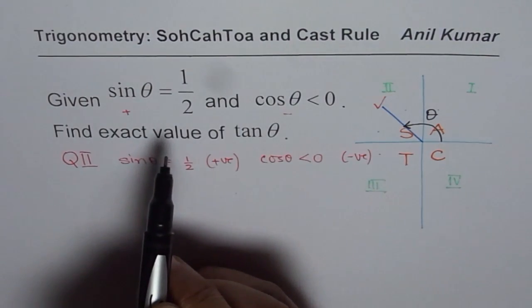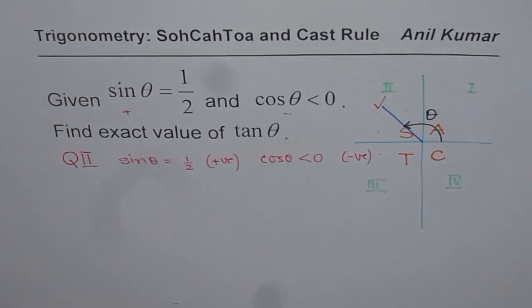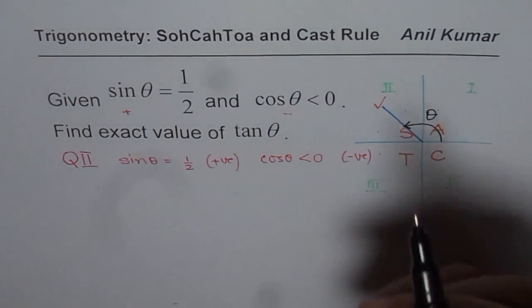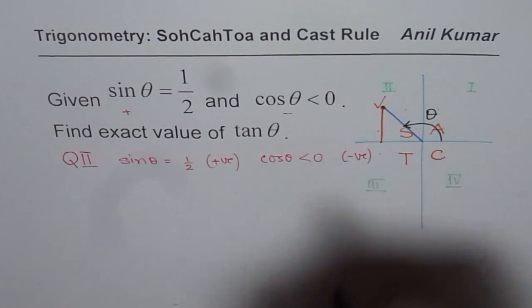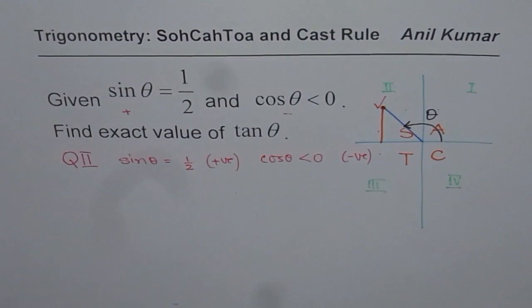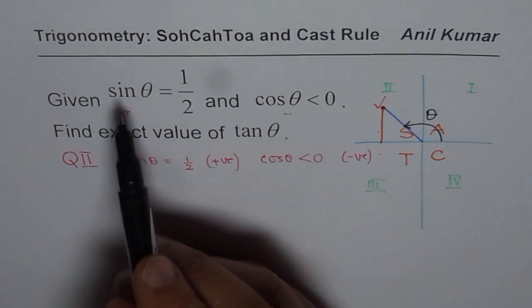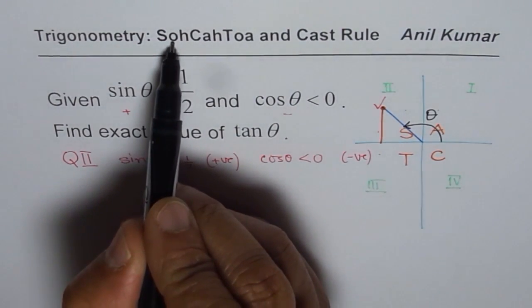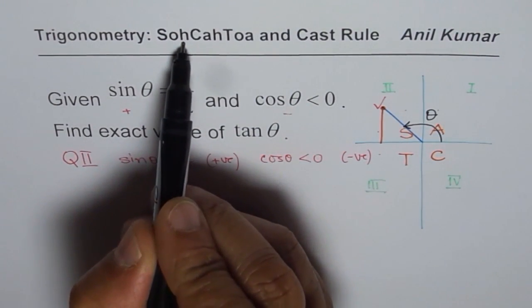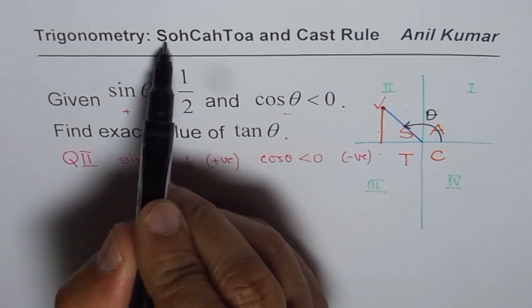It means that if I drop a perpendicular from this line to the horizontal x-axis, the ratio which is sine theta, as you know, is opposite over hypotenuse, right? That we get from SOHCAHTOA.